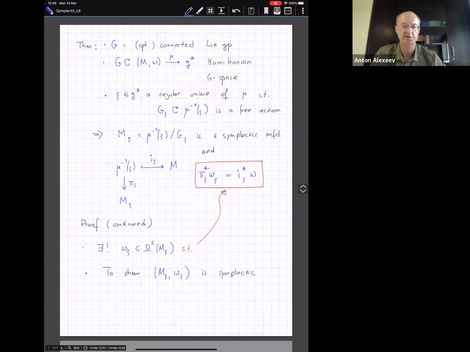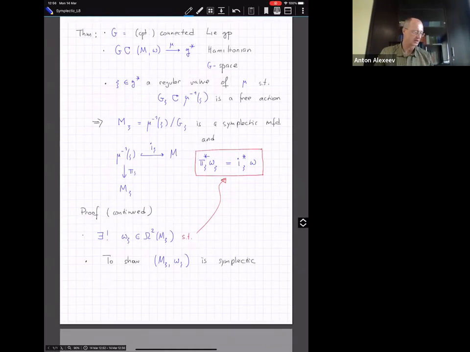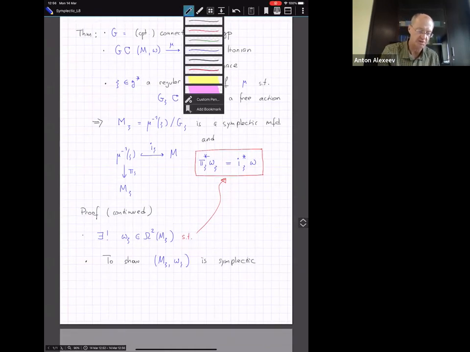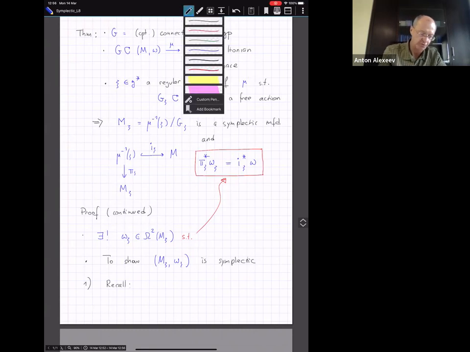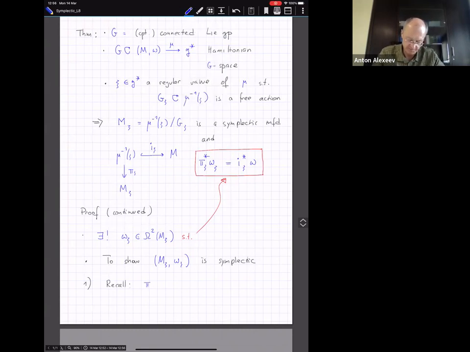Now, that again splits into two parts. The first part is easy. The second part, let's say, is more cumbersome or less easy. And before doing anything, let me recall that for the projection pi xi, the map pi xi star is injective.